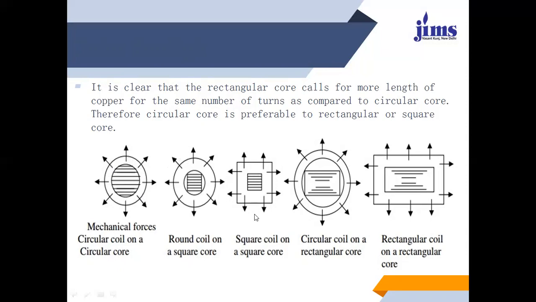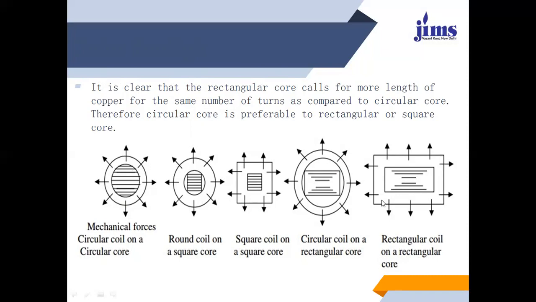In the case of a square coil on a square core, the force will act perpendicular to the core. And for a circular coil on a rectangular core, the forces will be maintained in this type of structure. In the case of a rectangular coil on a rectangular core, the forces will be like this.